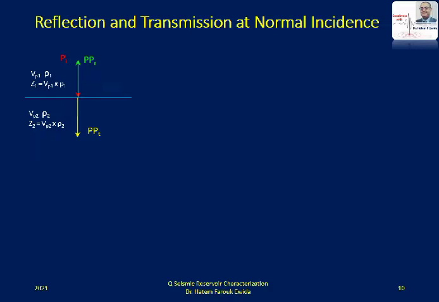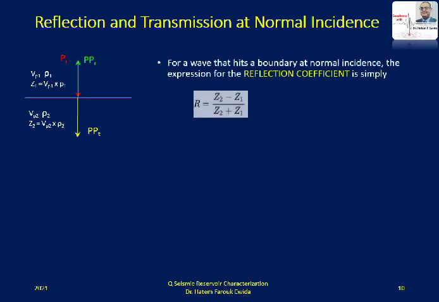So each rock unit will have its own P wave velocity and density. And as you remember, for a wave that hits a boundary at normal incidence, the reflection coefficient equals the acoustic impedance of the lower layer minus the acoustic impedance of the upper layer, over their addition.